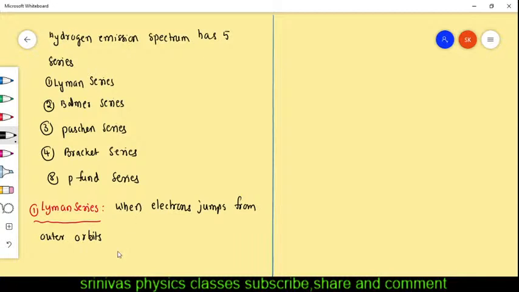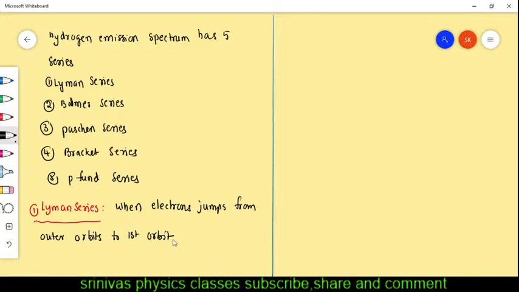Okay. When an electron jumps from outer orbits to the first orbit, spectral lines of the Lyman series will be emitted.